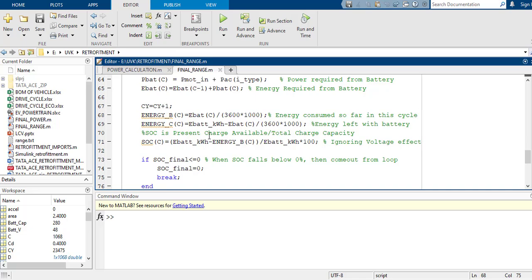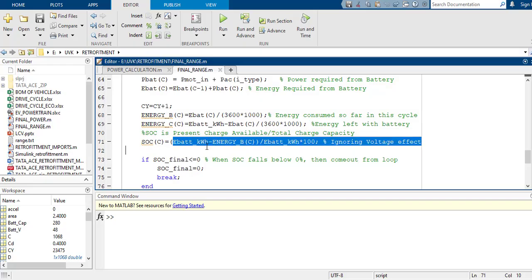Then the main part comes, that is SOC. SOC is the present charge available divided by the total charge capacity. So here SOC is the energy of the battery consumed minus the energy, that is the charge available in the battery, and this is the total charge of the battery.